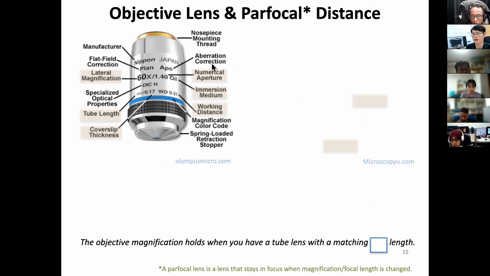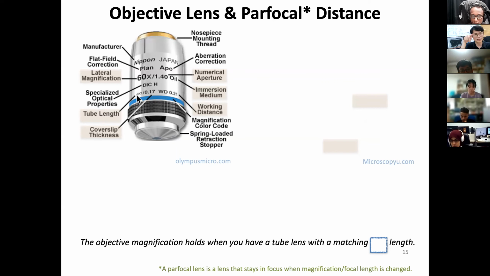Apo means apochromatic, so chromatic aberration is corrected. The most important thing is this zoom, so lateral magnification and numerical aperture. We'll deal with this, and or immersion. And this one's a little specialized, called DIC microscope, which we'll talk about later. Also very important, the final part here.